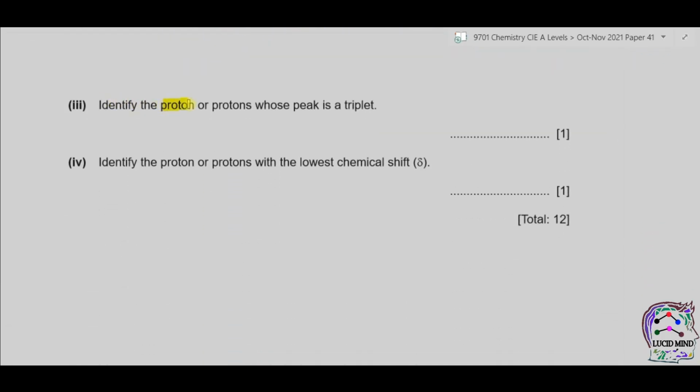Part 3. Identify the proton or protons whose peak is a triplet. Triplet means 3. And according to the n plus 1 rule, where n is the number of neighboring protons, there must be 2 neighboring protons in order to get a triplet.